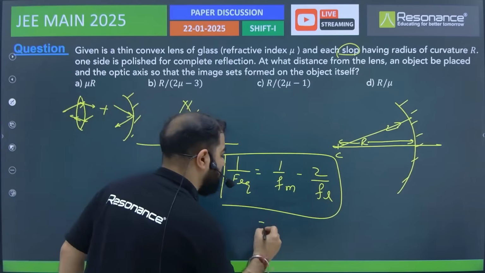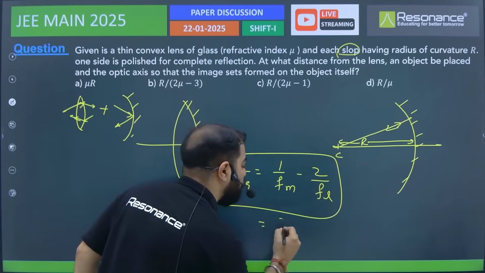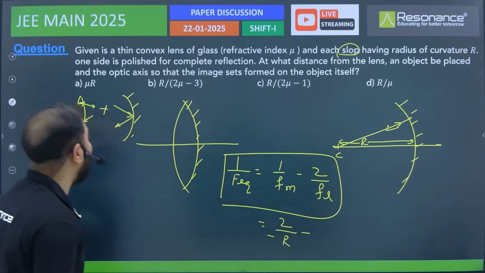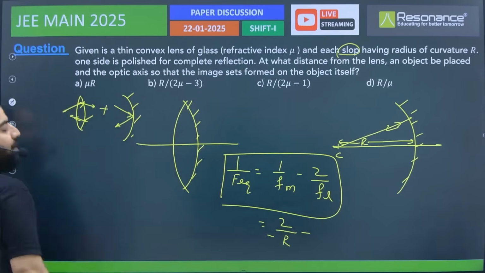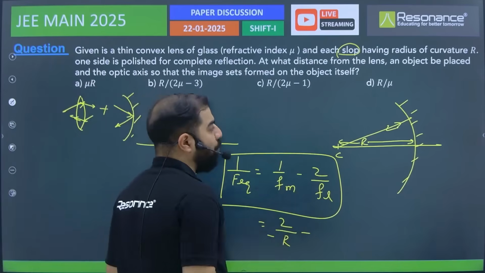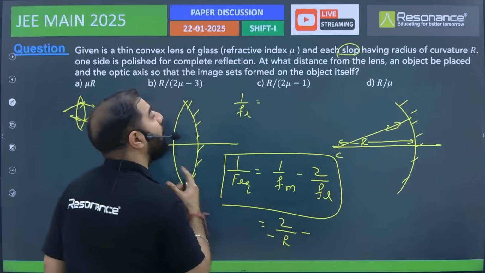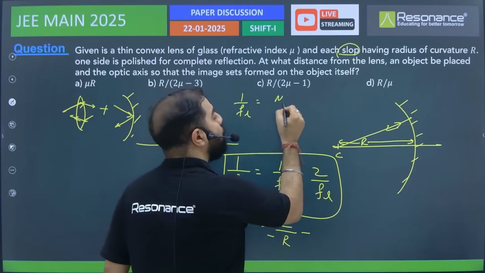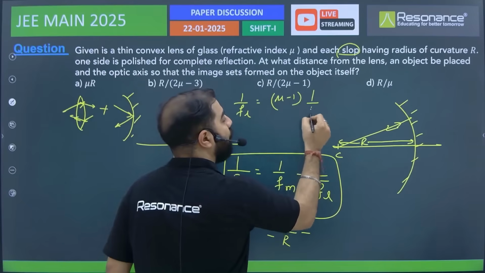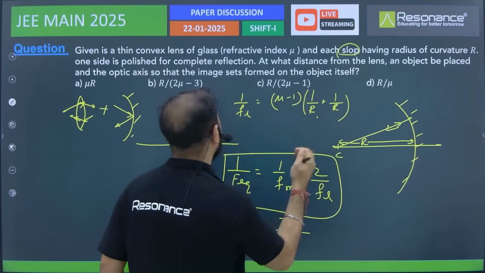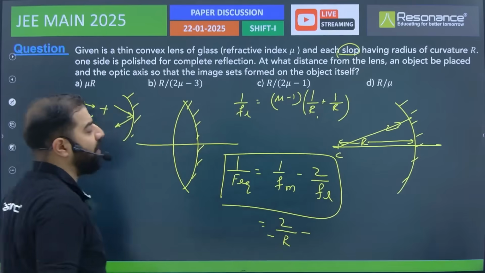So we can write this as r by 2, matlab 2 by r, with a minus sign because of sign convention. And for the focal length of the lens, if I take this as a lens, focal length of the lens kitna ho jayega? Mu minus 1 by r minus of minus 1 by r, by sign convention.